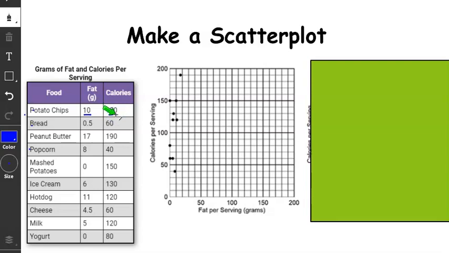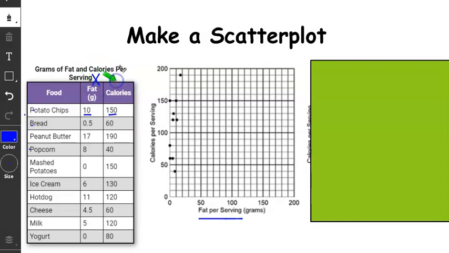If you go ahead and make your graph, you want to have the x-axis, the first one in the column, so the fat per serving in grams along the x-axis. And then along the y-axis is going to be the calories.